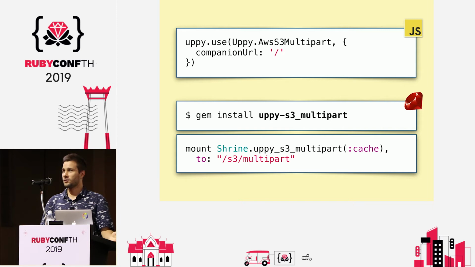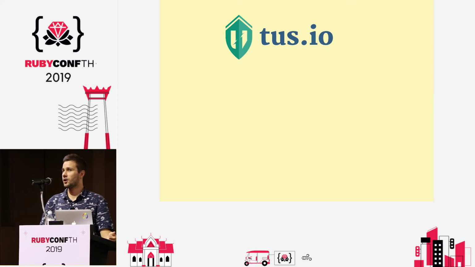For that, even though it's a different solution, the setup is very similar. You again load the corresponding Uppy plugin for doing this flow. And I've written a gem which implements the endpoints that this plugin requires in Ruby, so you can just mount them inside your application.